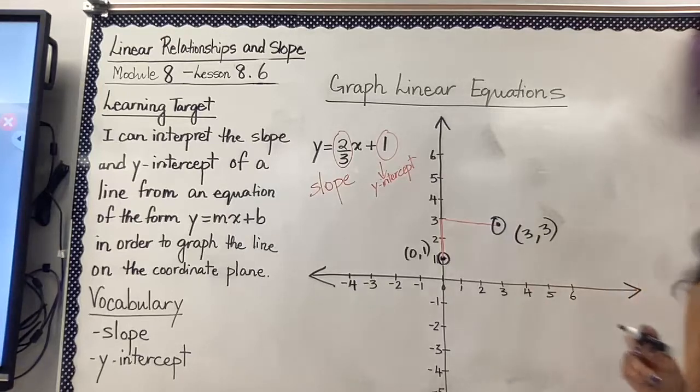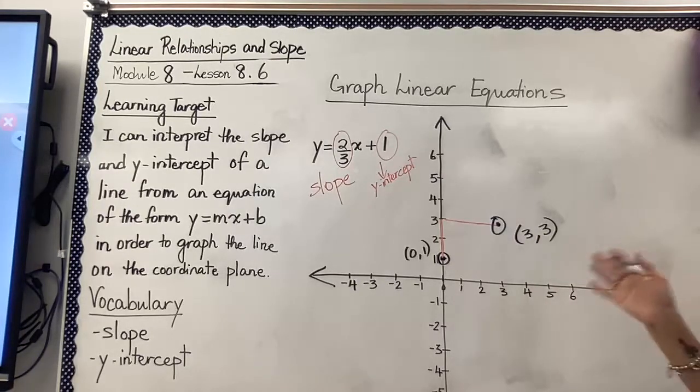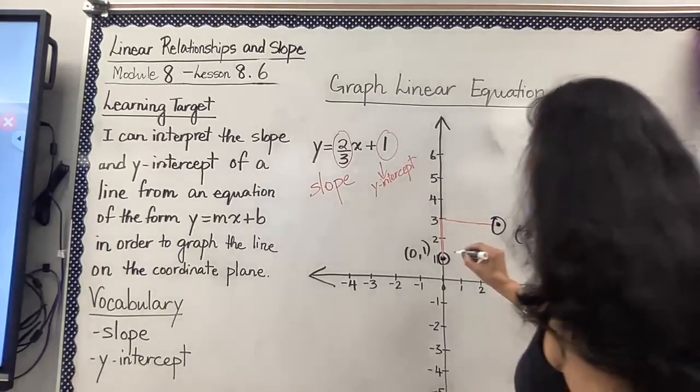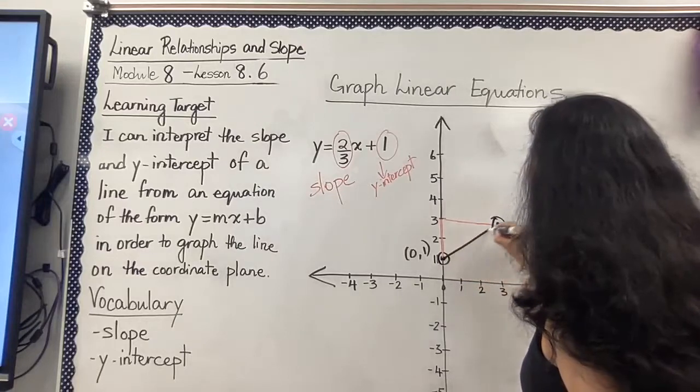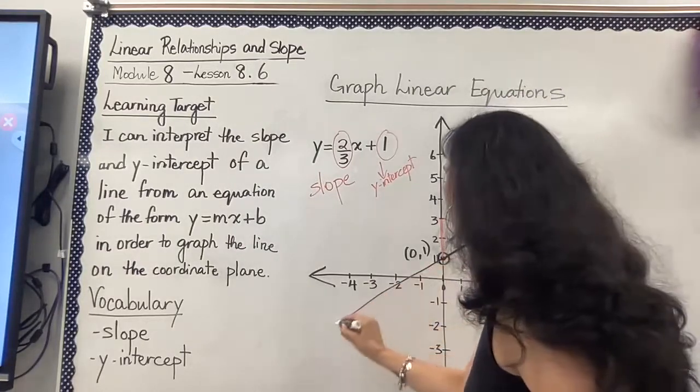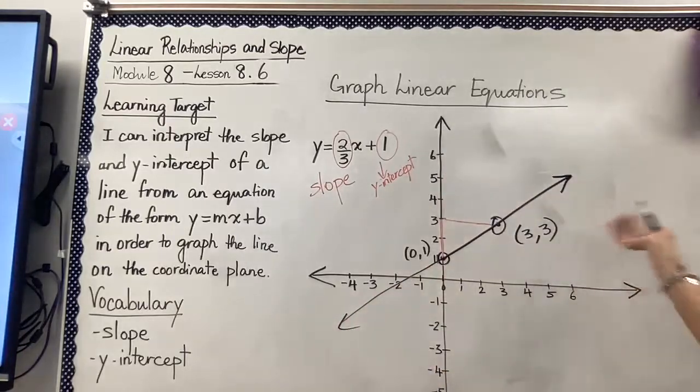So once I have my rise and run, that means the slope, and I have the y-intercept, I am just going to draw a line through the points. Okay, and that's how I graph this.